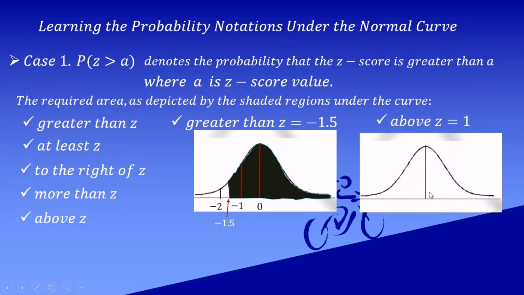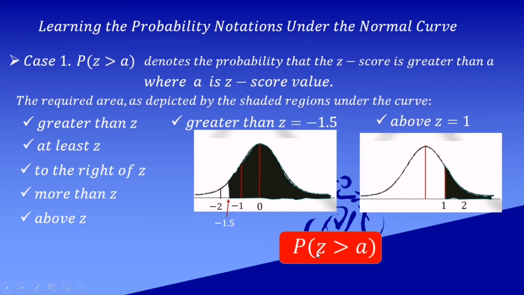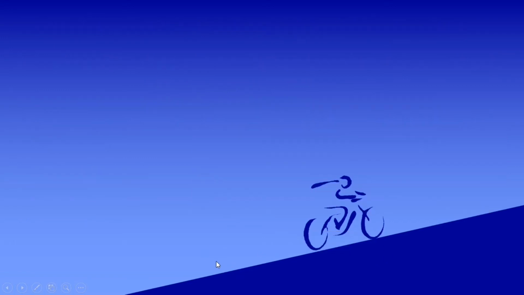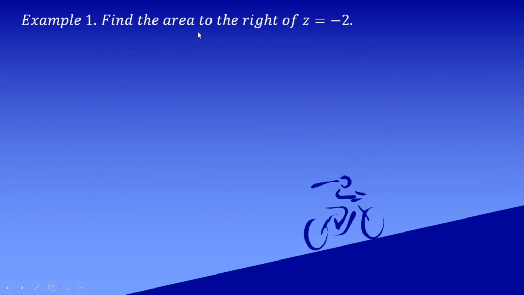Okay, for the above z is equal to 1. So, locate the value of z-score 1. Yan. Since this is the term we use is above. So, mula 1 to the right of the tail. So, ito yung probability z is greater than A.